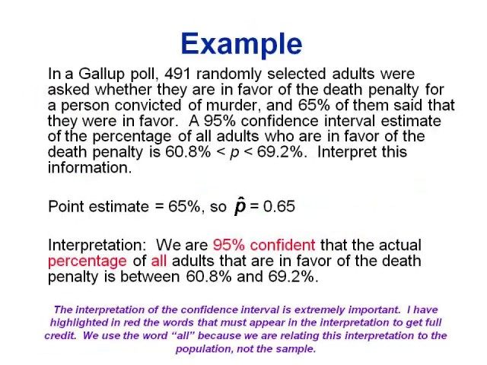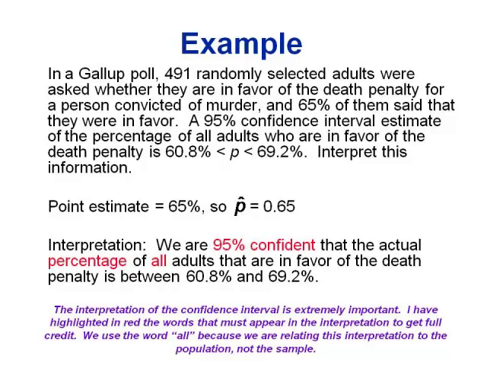So in this example, I'm just going to talk about if you see a confidence interval, what does it tell you? We have a Gallup poll. 491 adults were asked about their opinions on the death penalty. 65% said they were in favor. A 95% confidence interval was generated, and it said that P, the population value, is somewhere between 60.8% and 69.2%.